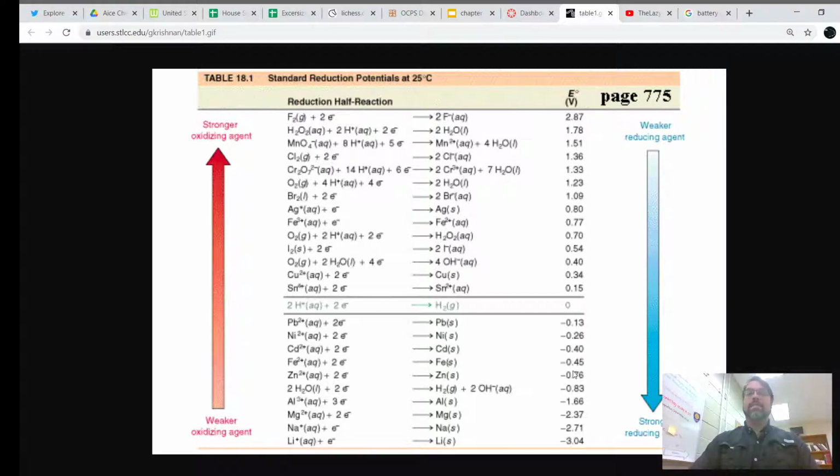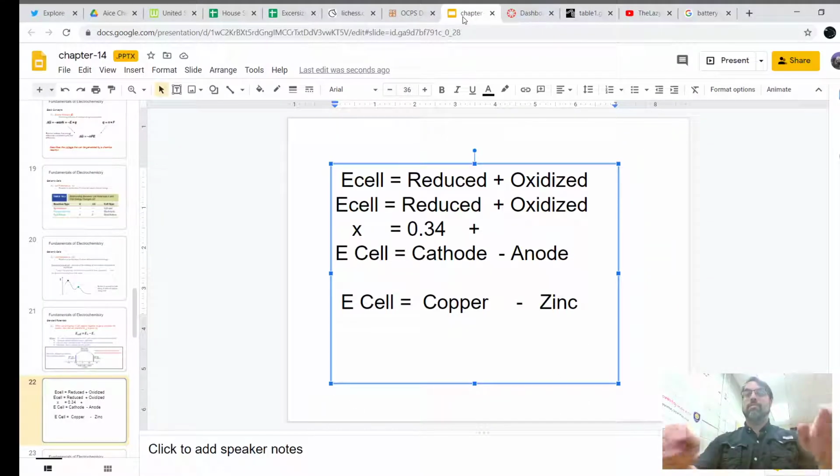So instead of negative 0.76, we're going to put in positive 0.76, and that total is going to give us the potential for that cell.